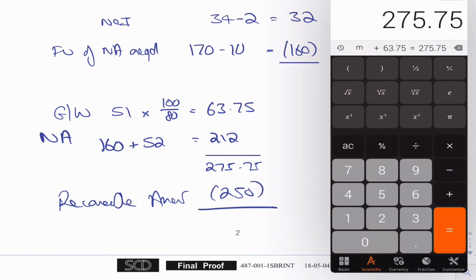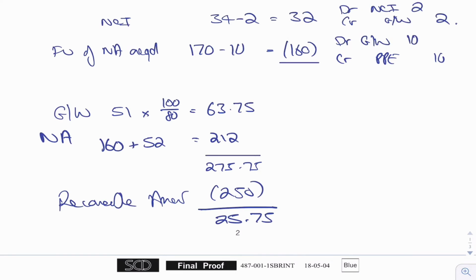And so therefore I do need to reduce it by 25.75. However, I don't want to reduce 63.75 because I've only got goodwill in at 51. So I'm just going to reduce the 51 not by 25.75, but by 80%, because I'd already grossed it up. Now I'm back down to that figure.